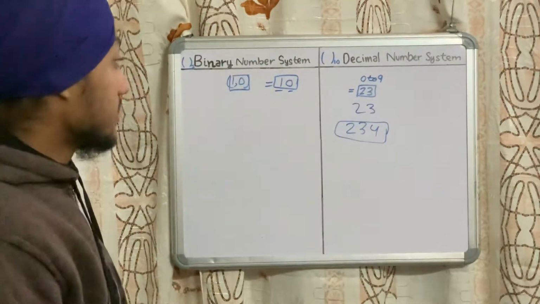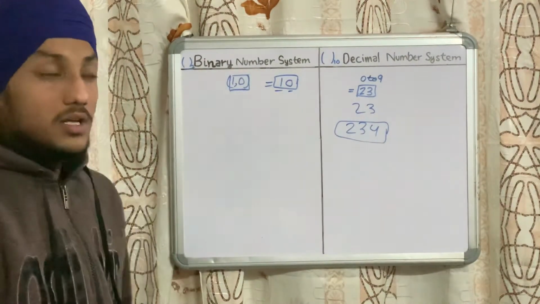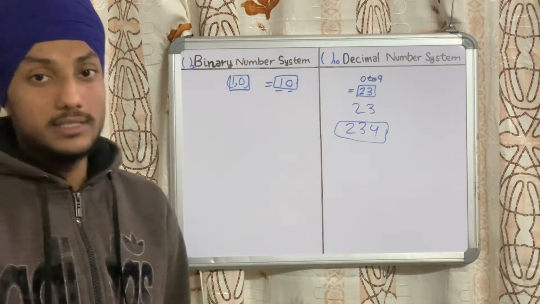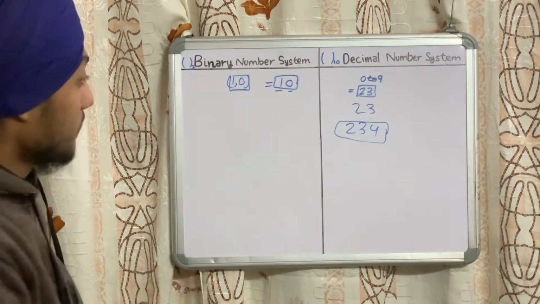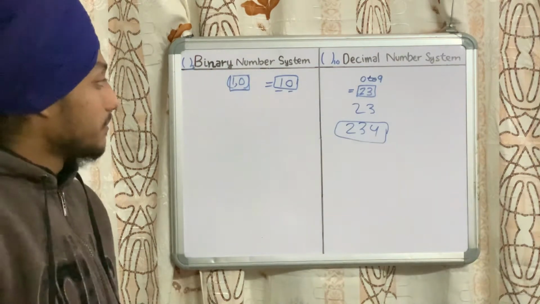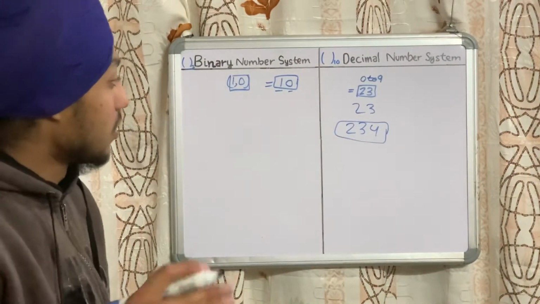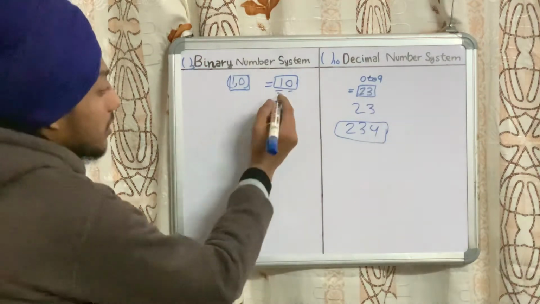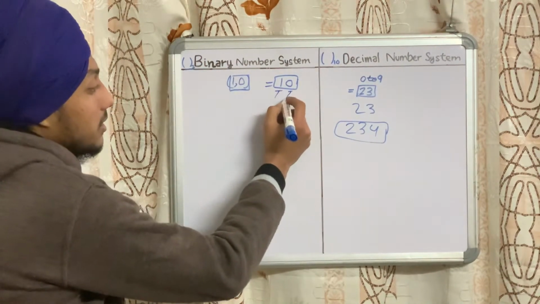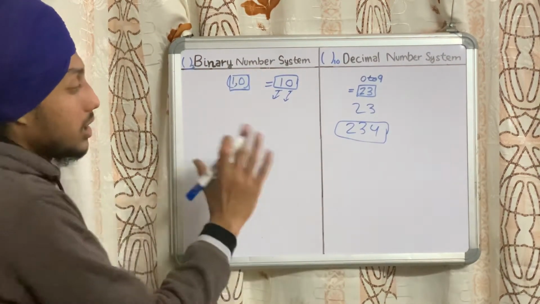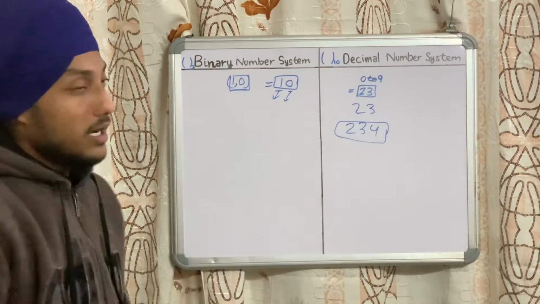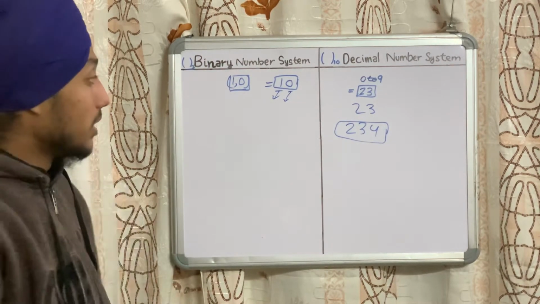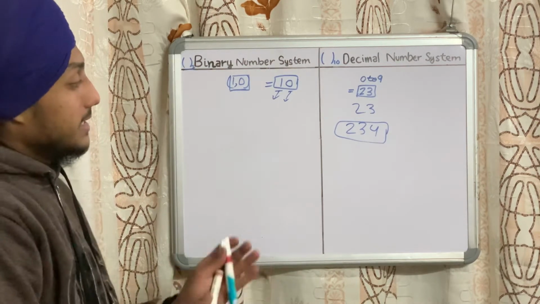In any other system, there are two other systems pending in this number system topic, which we will discuss in the next lecture. We don't call the whole number as a whole, we take it in parts and call each single digit.